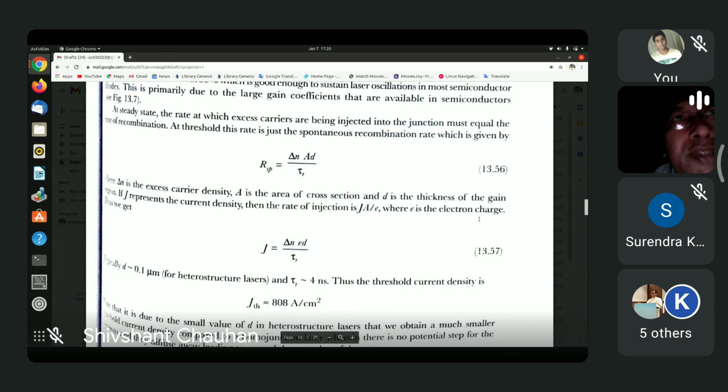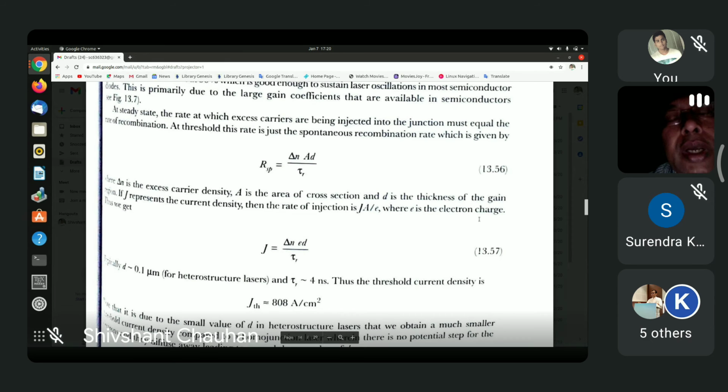Delta N is the excess population of electrons over the equilibrium value. So if you have excess electrons over the equilibrium value, then you have a positive value of delta N. But these excess electrons soon recombine with holes and get lost.